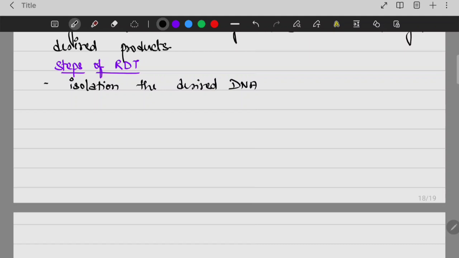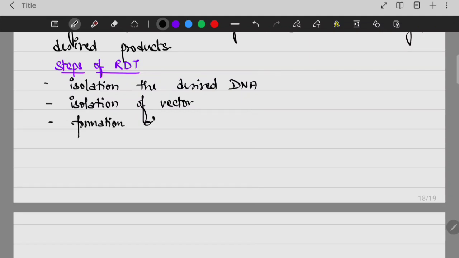If we don't get the desired DNA, how will we get recombination done with the other DNA so that a fruitful result will come? So the isolation of the desired DNA is required. Then isolation of vector. We require a vector or a carrier so that the desired DNA is taken to the host cell and the further replication and its action will take place so that we can get the desired products. So isolation of the vector.